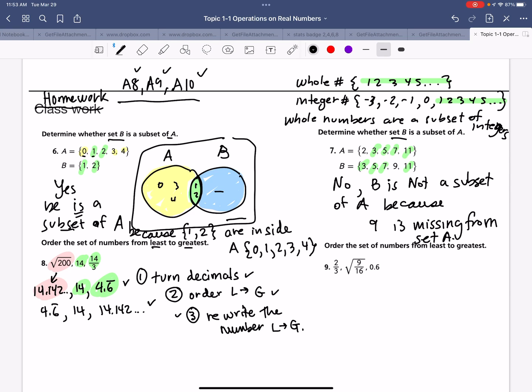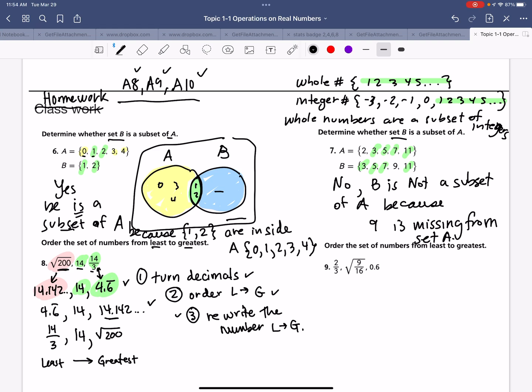So 4.6 repeating is the same value as 14 thirds, so that is least. 14 is still the same value that we started with, and now this number is square root of 200. So this is least to greatest.